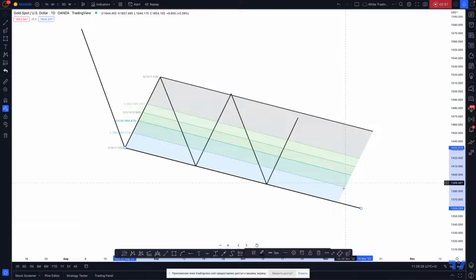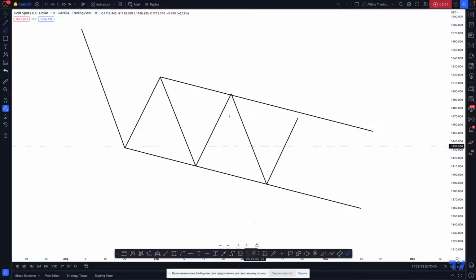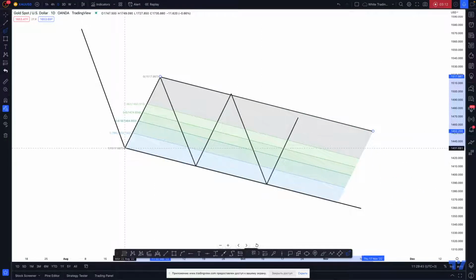Yes, so let's draw the tool again. We take the Fibonacci channel, we take the upper boundary of the channel, the initial point, the end point, and then we project the support of the channel, matching the trend line of a Fibonacci channel with our channel.